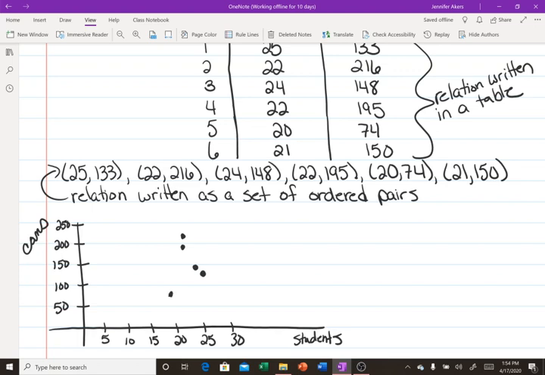And 21 and 150. So this is the graph of the relation.